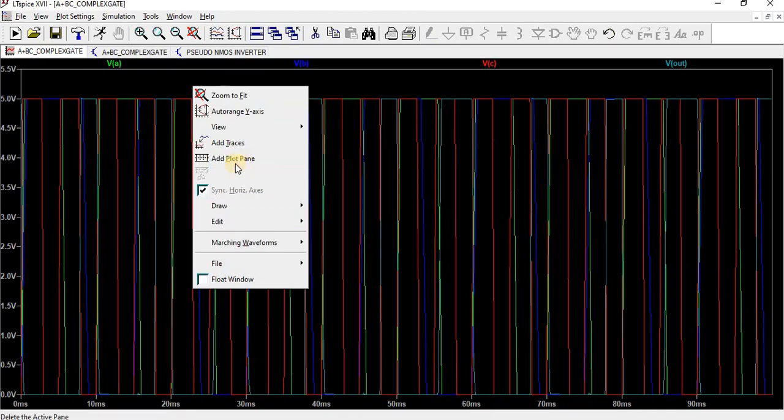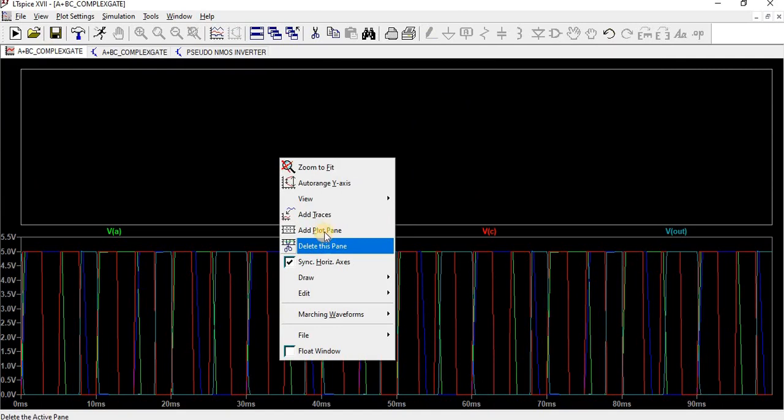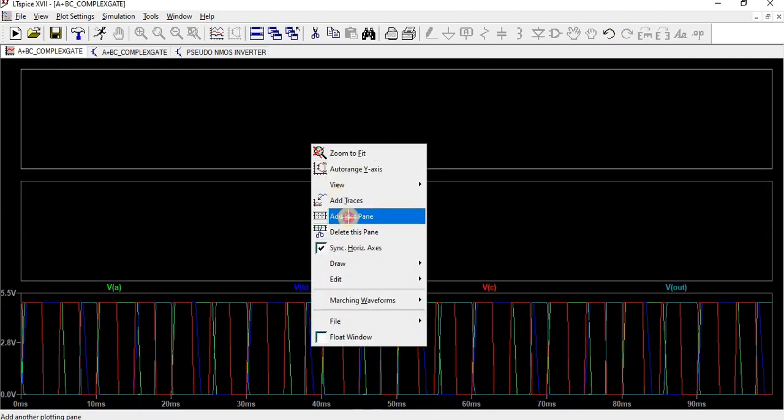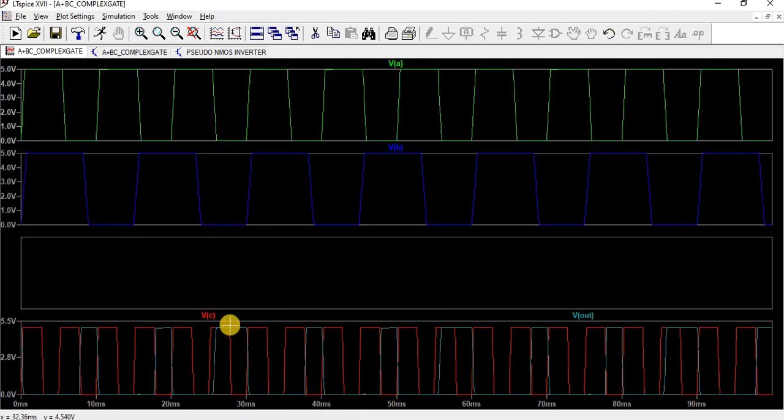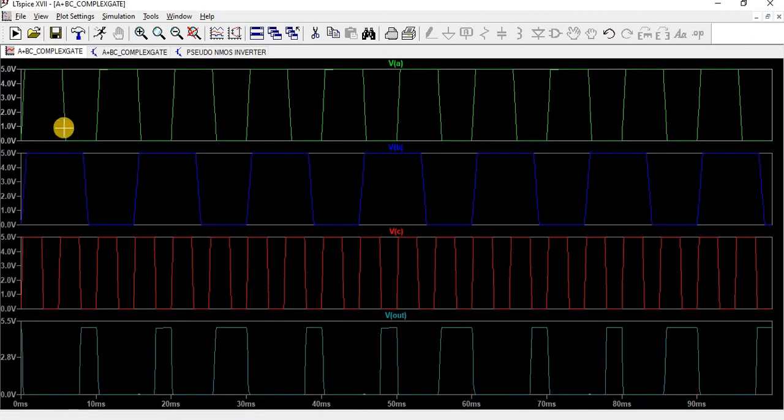Let us right click and add a plot pane, again and again, for V of A, V of B and V of C. Now here, for 1 1 1 the output is 0, then 1 1 0, then 0 1 1, and then here 0 0 0. For all the combinations you can see the corresponding output as the A plus BC complex function.